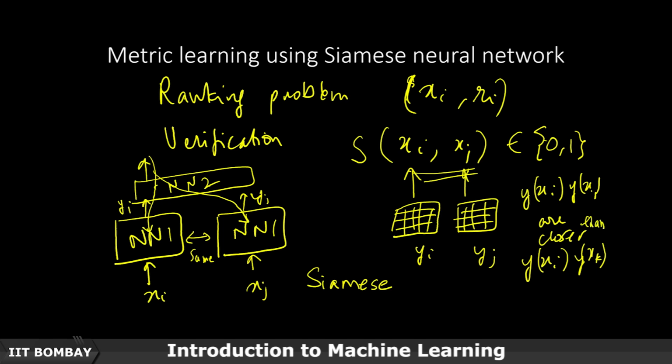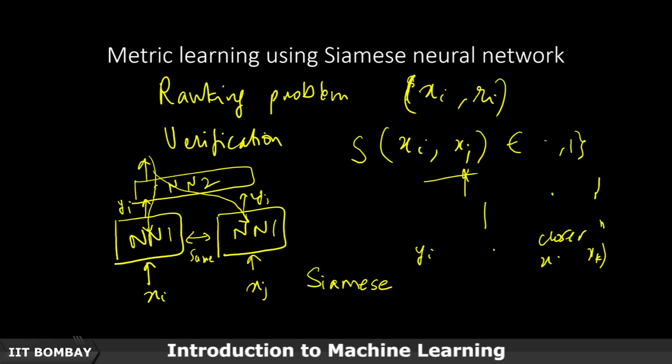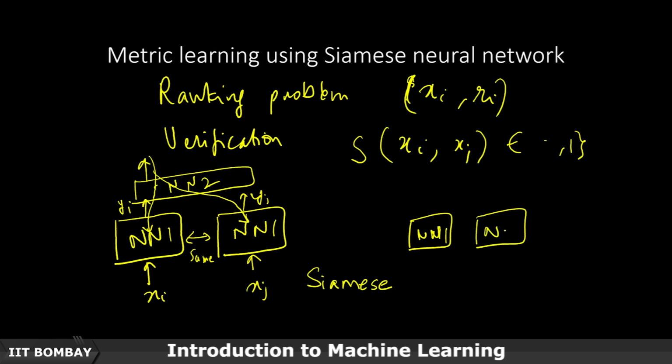In that case we will have a different kind of Siamese, and the way that will work is that we will have the same neural network NN1, sharing weights with another NN1, and another NN1.